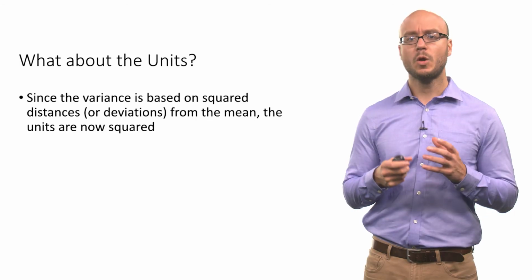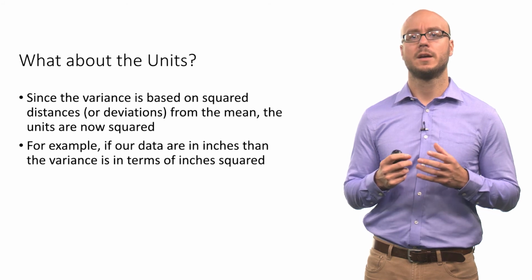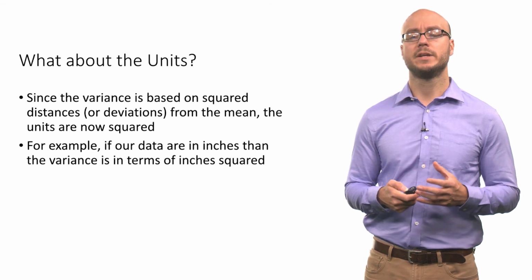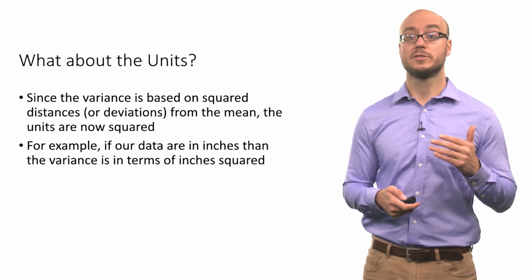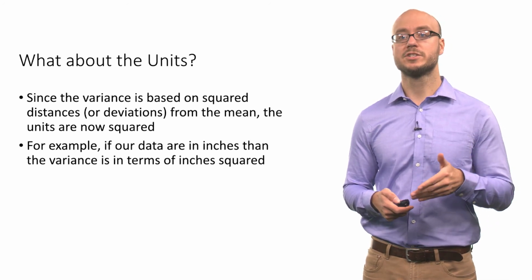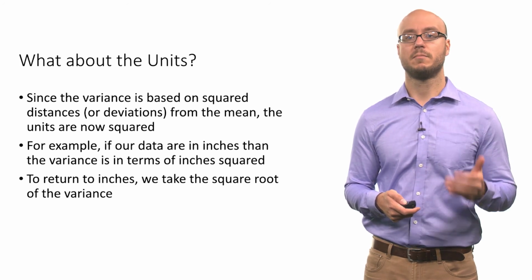When a measure of variability is in terms of units squared, what does that really mean? So one solution is to think about a measure of variability that is based on the underlying units. So instead of units squared, it's in terms of the units. Instead of inches squared, it's based on inches. Instead of miles squared, it'll be based on miles.